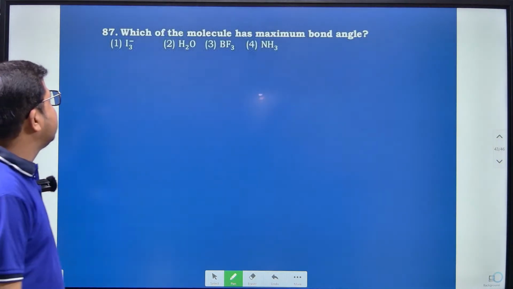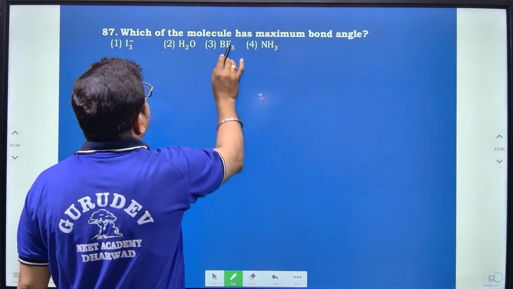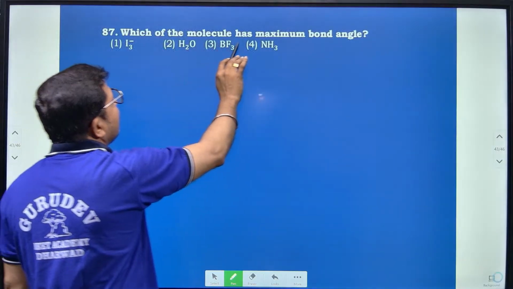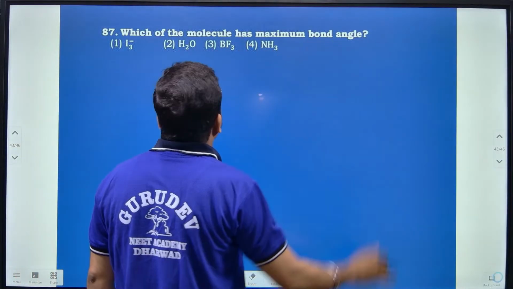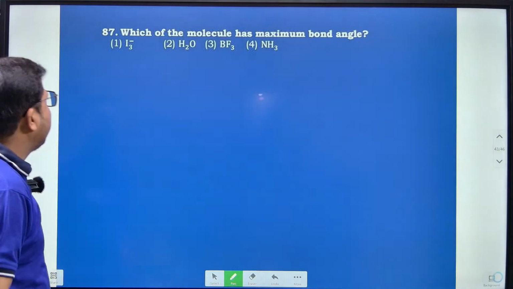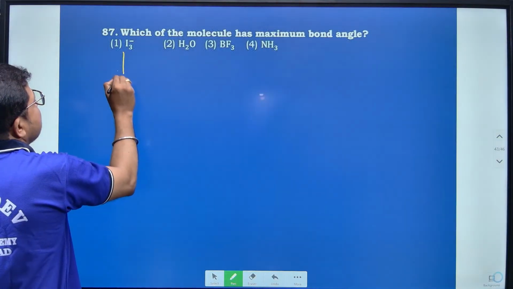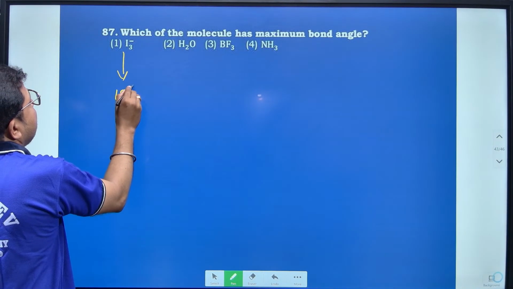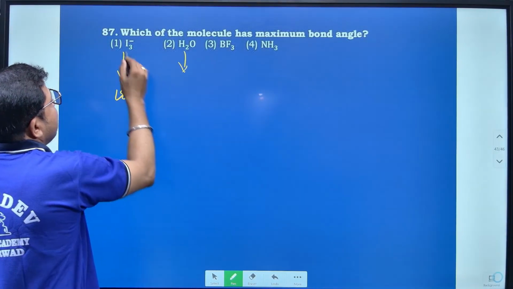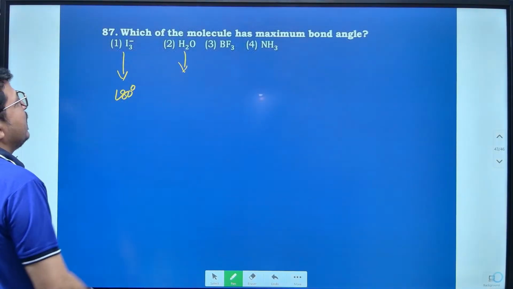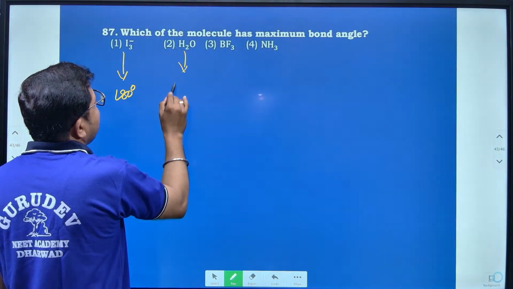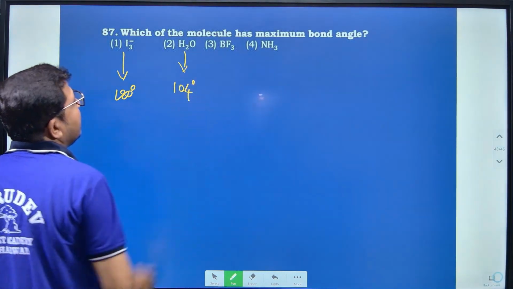And move to question 87. Which of the following molecules has the maximum bond angle? See here, option number 1, I3 minus, is having 180 degrees. Option number 2 is having 104 degrees.